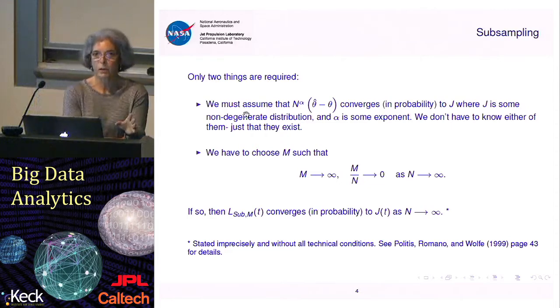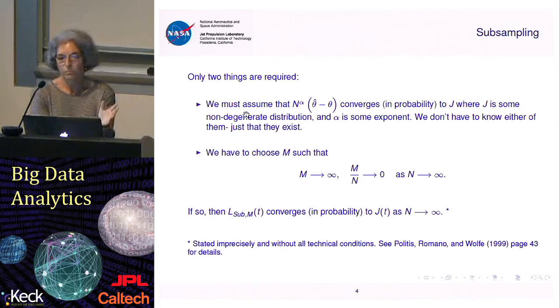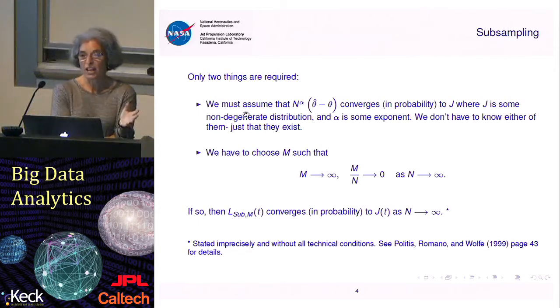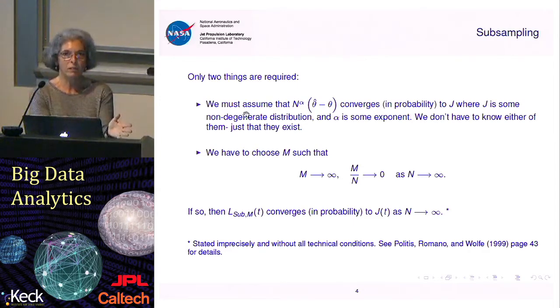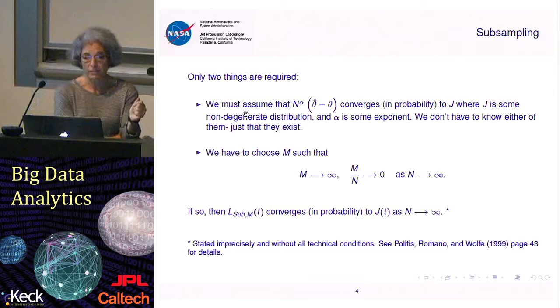In other words, isn't point mass at some one potential value, and that the scaling exponent there, alpha, which tells us, you might call this the rate at which n has to get large in order to make this work, just exists. We don't have to know what either of these things are, we just have to know that they exist. So both things seem like relatively weak and general sorts of assumptions that we might actually be justified in making.